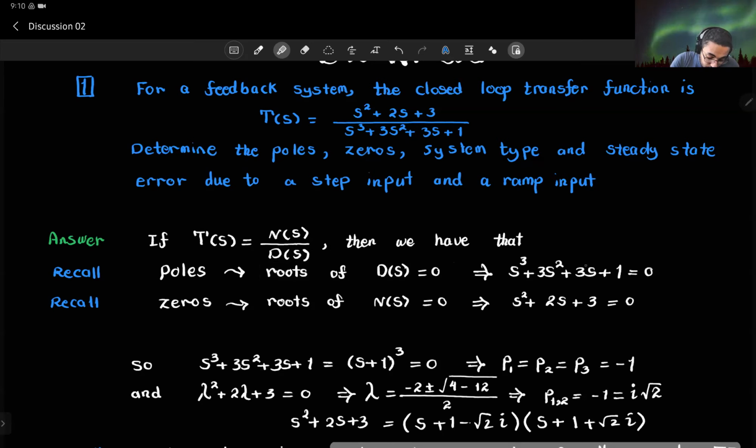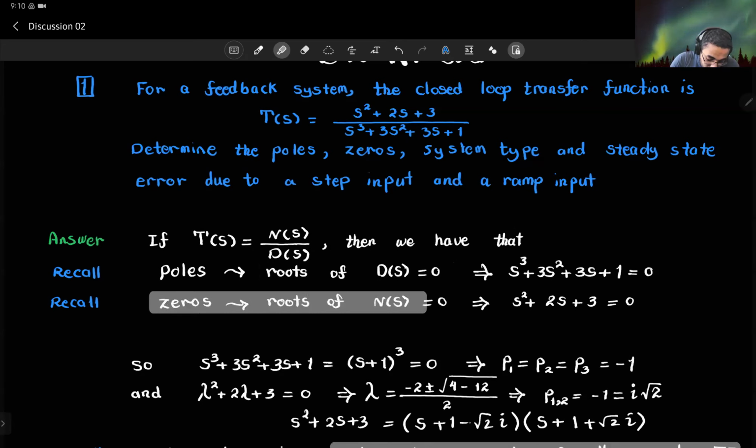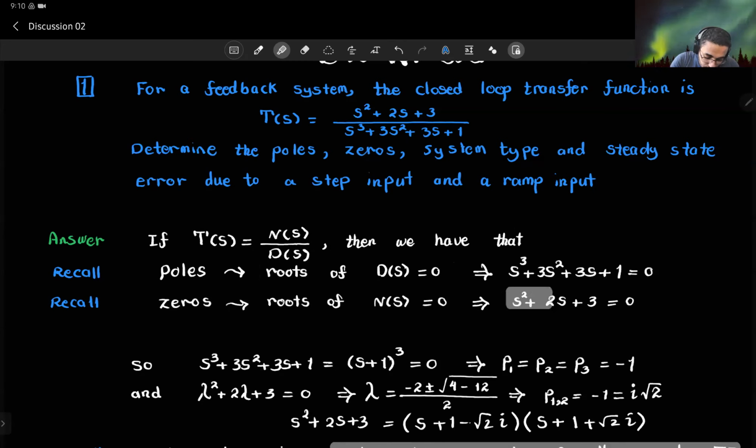So in our system, the poles are basically the solution to this equation, and the zeros are basically the roots of the numerator polynomial equal to 0. This gives us an equation. We solve, we get the zeros of the system.